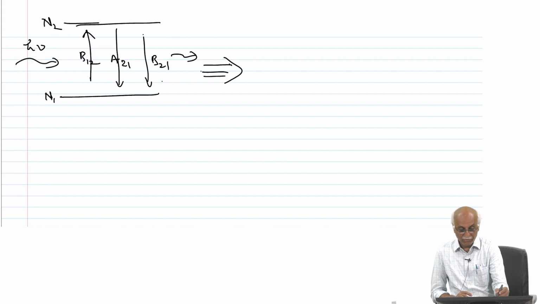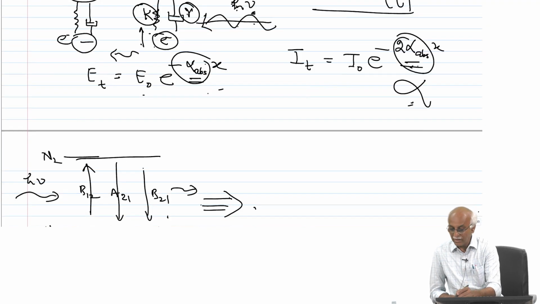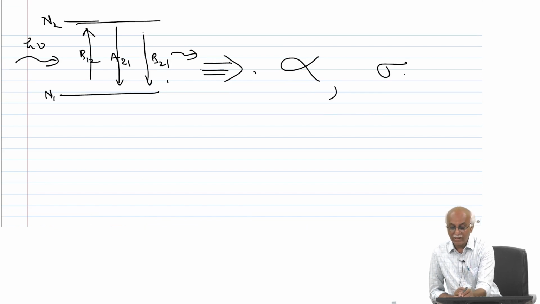If I derive the relationship from here, I will also be able to derive the intensity of the light which is passing through. And if I compare this with the previous equation, I will be able to know the relationship between alpha and sigma and concentration.